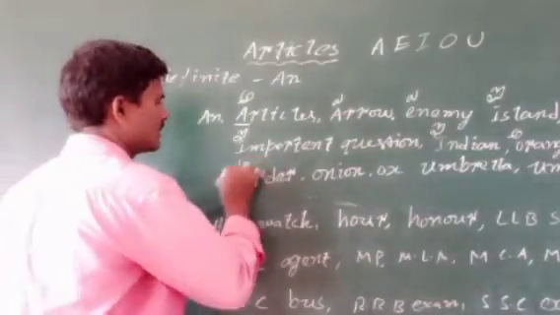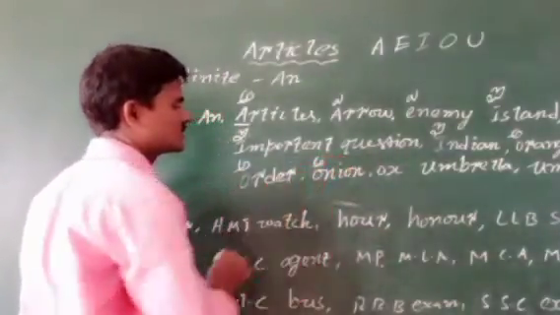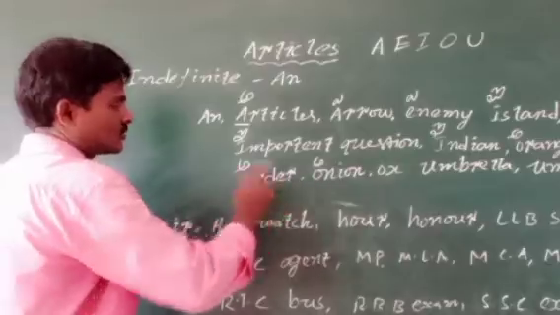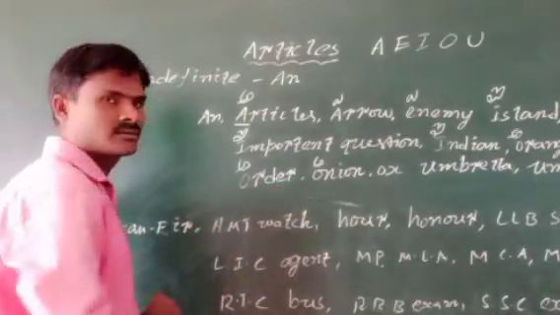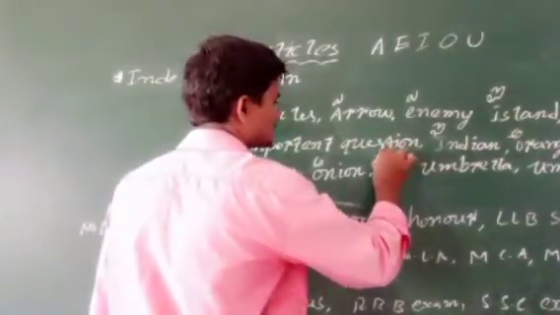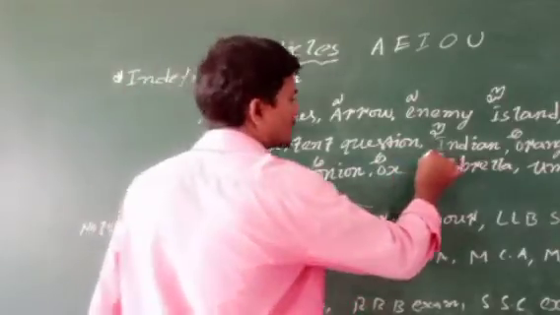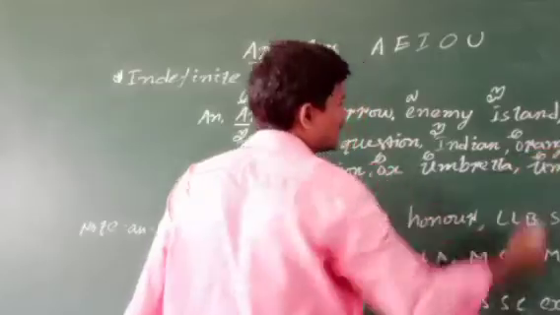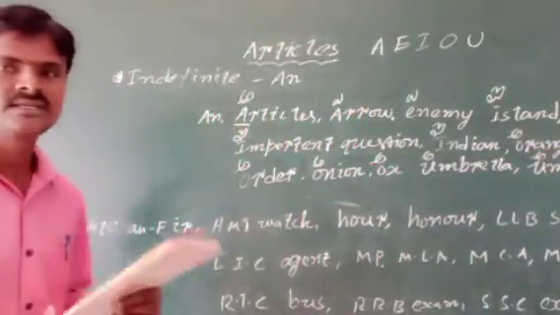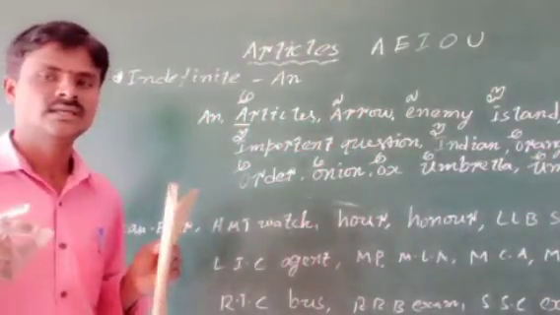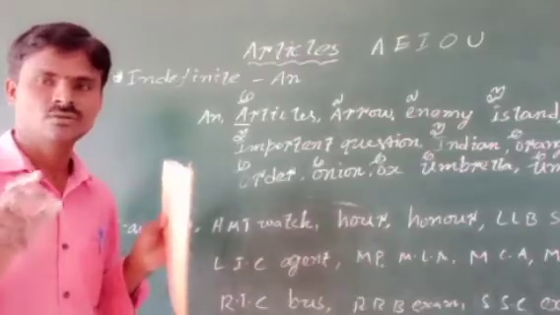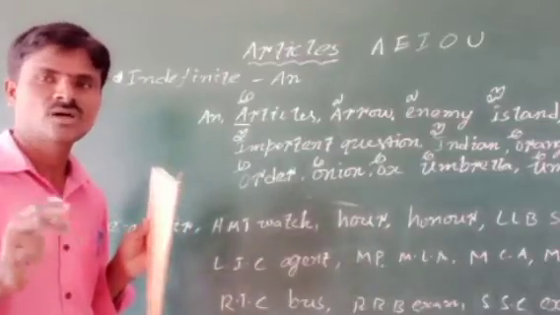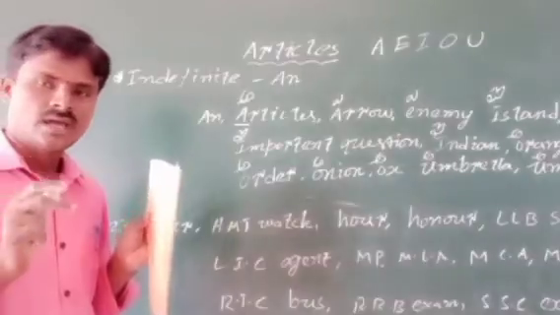Before order we have to use "an". An order. An onion. Before these also you have to use "an": an ox, an umbrella, an umpire. Before A, E, I, O, U letters you have to use the article "an".